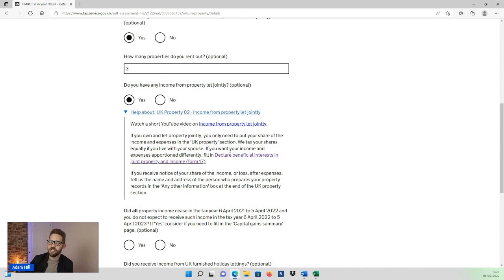But you would need to actually demonstrate that that is the truth. But typically, if you don't go ahead and do that, even if you did only own 10% of a property that you bought with your spouse, then the standard option, the go-to, is that you would declare 50% each, unless you've submitted that form. So just bear that in mind.